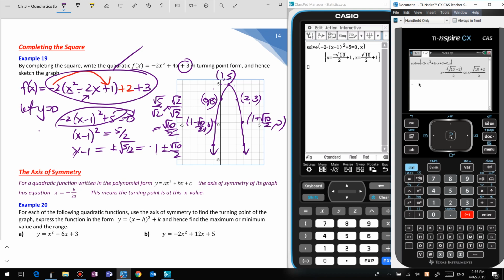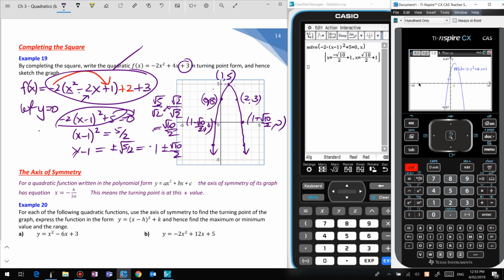If we want to sketch it, you can just go control page, add graph, negative 2x squared plus 4x, of course, I did it wrong, 4x plus 3. See, there's our sketch.